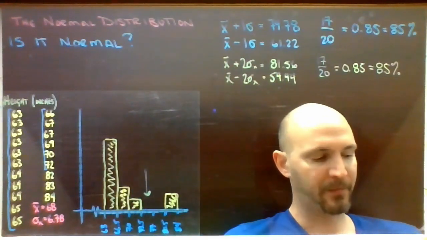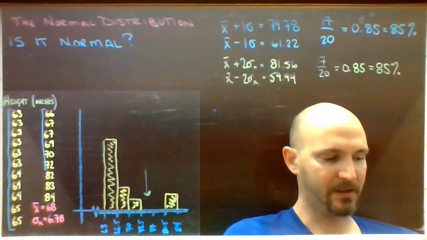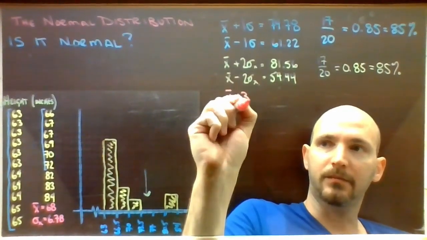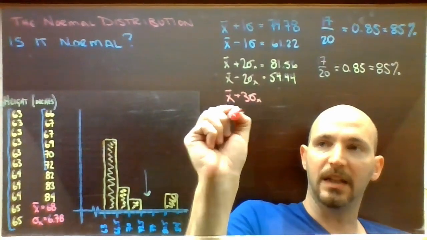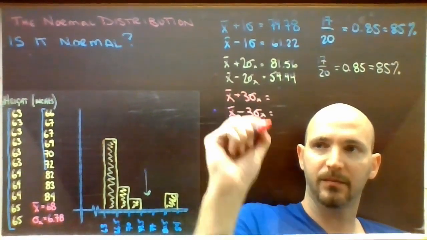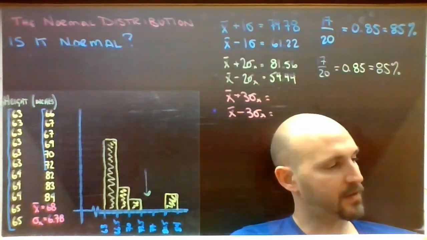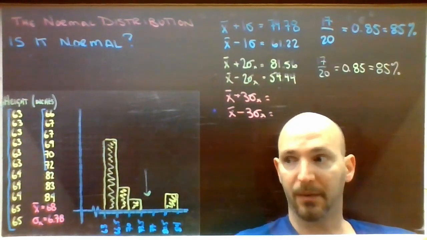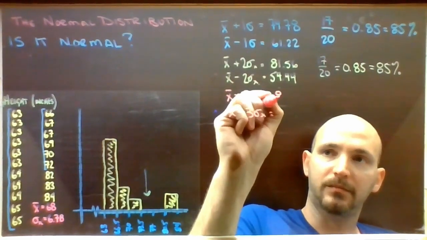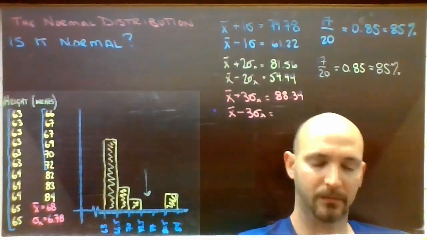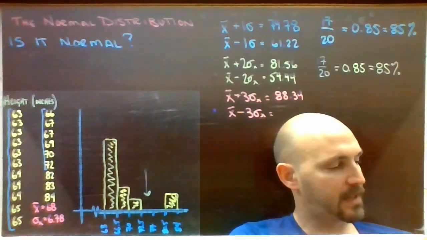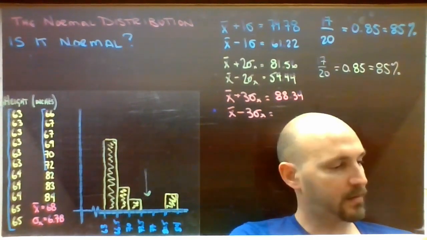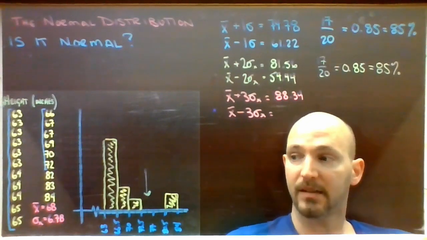So that's problematic. Last test we have to check is for the outliers to see how many fall within the not an outlier range. So I have to check between 3 standard deviations. So 68 plus 3 times 6.78 gives me 88.34. And minus 3 standard deviations times 6.78 is 47.66.